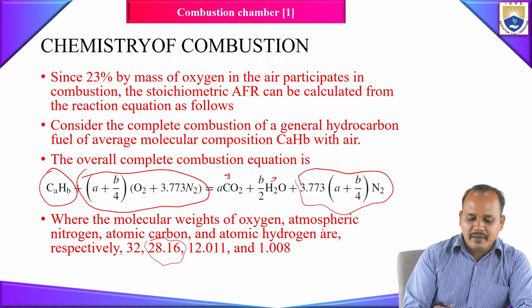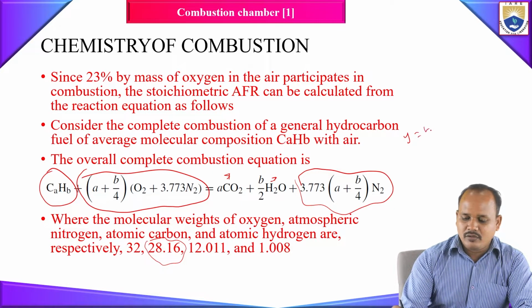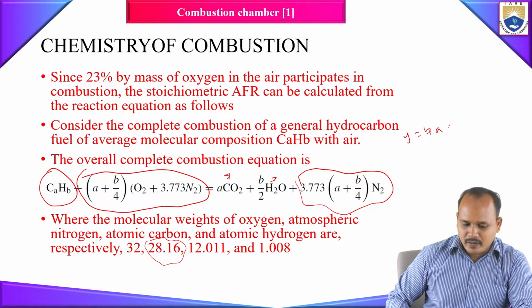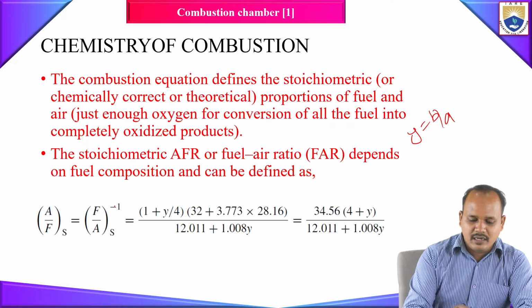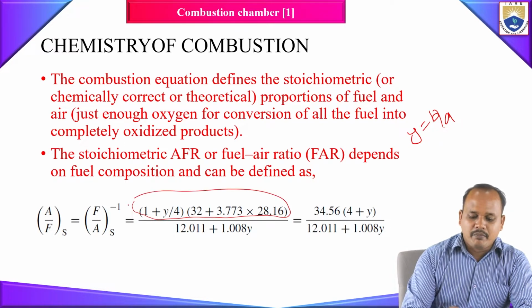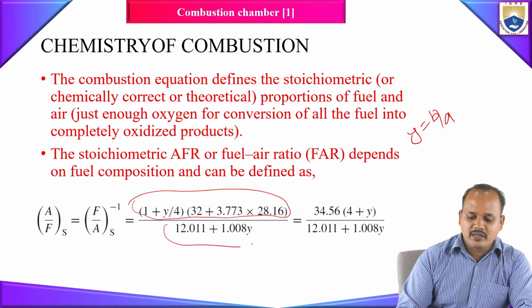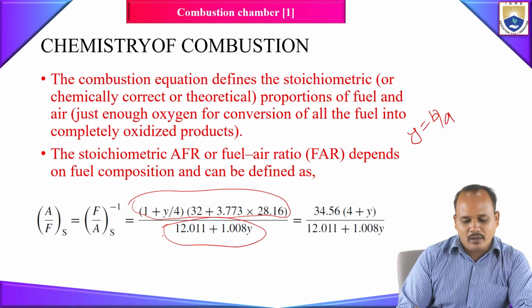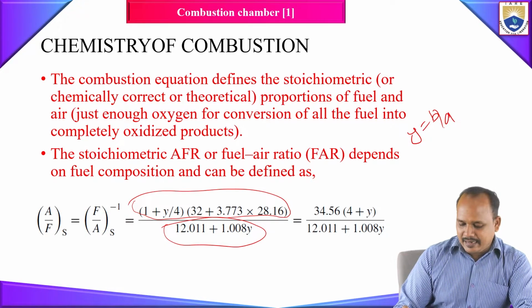Based on the atomic weights or molecular weights, you can calculate the mass of the fuel and the mass of the air. So here I stated y is equal to b by a. First, let's say it is the air fuel ratio: you have to find the mass of your air and the mass of your fuel. So how do I calculate?